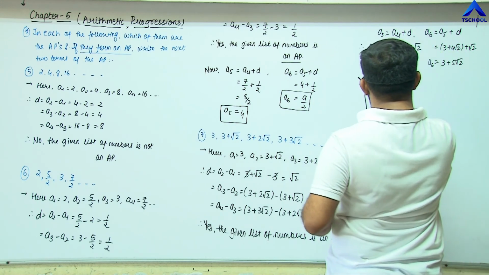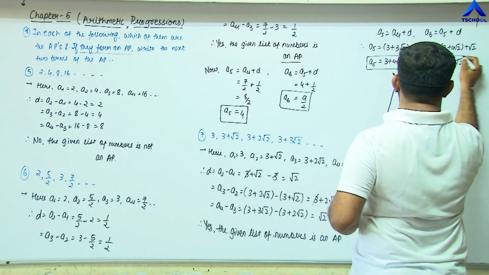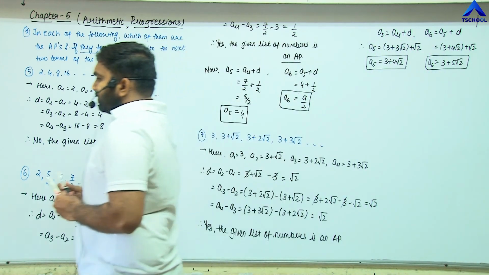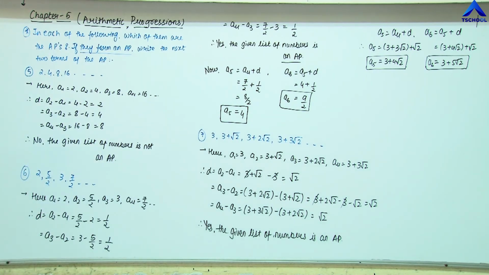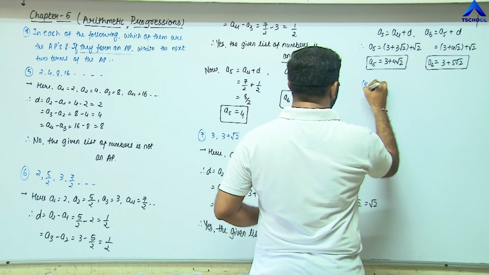So that is A5 and A6, the next two terms of the given arithmetic progression. Is it clear, friends? Solving one more here, then I shall give you some practice.